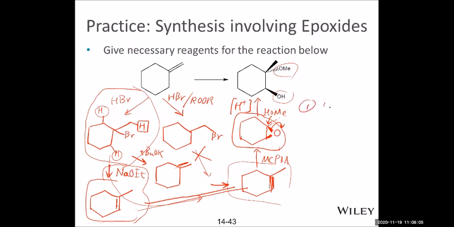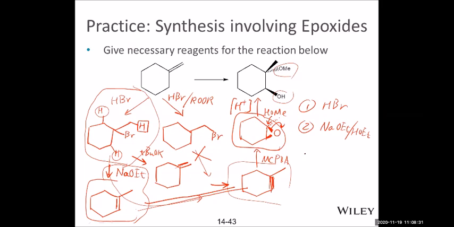First step, just HBr. Second, we're going to use a strong base, but very small: sodium ethoxide in ethanol. This is just solvent. So step 2 gives us the alkene.